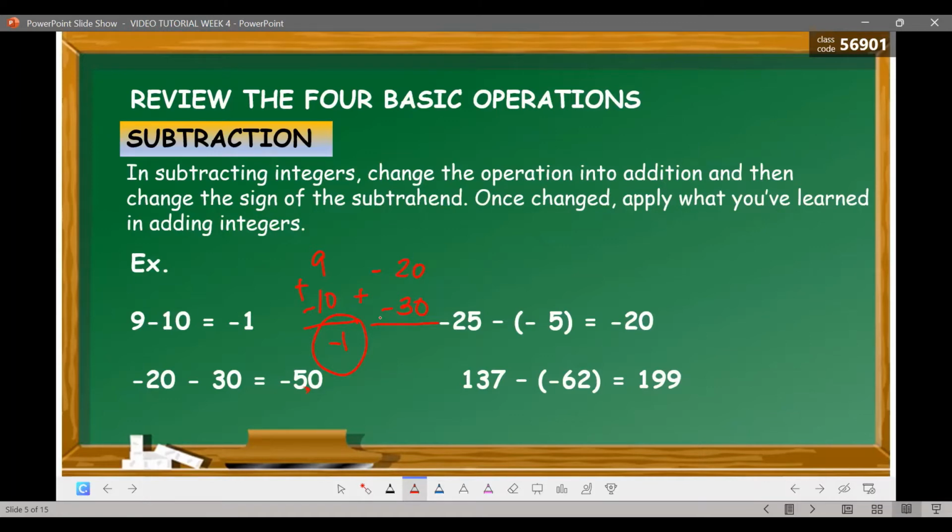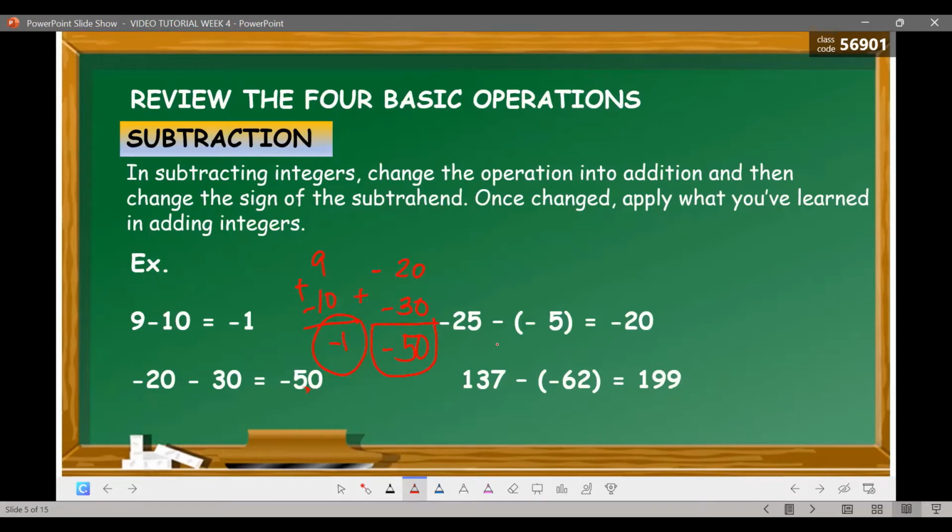So we are now adding two negative integers. So we have to add them, then copy the negative sign. So we have 50, then copy the negative sign. So the final answer is negative 50.